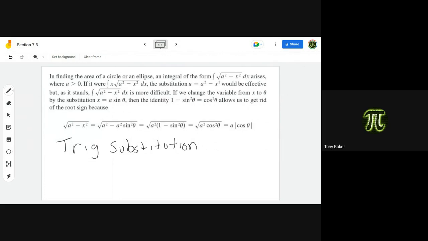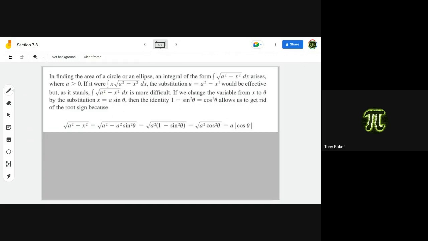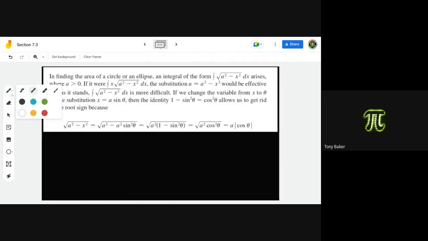So let's see if I can make this a little darker. If I wanted to find the integral of the square root of a squared minus x squared, right now there's not much I can do with this.